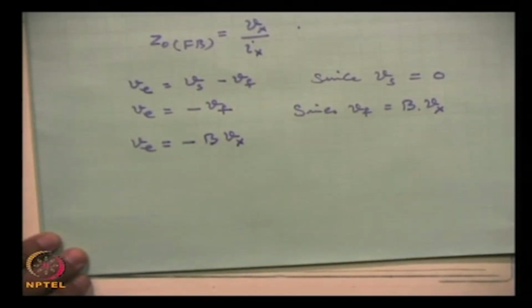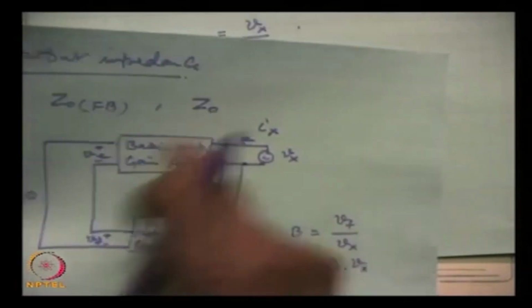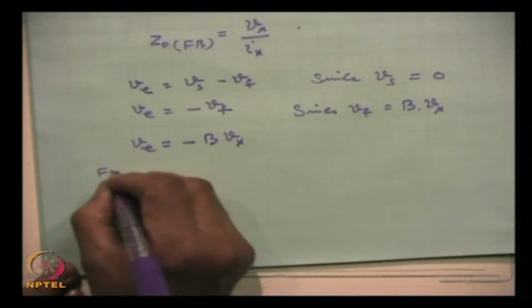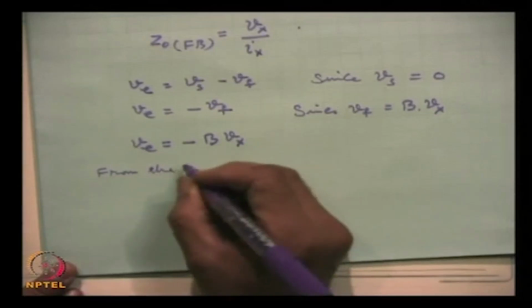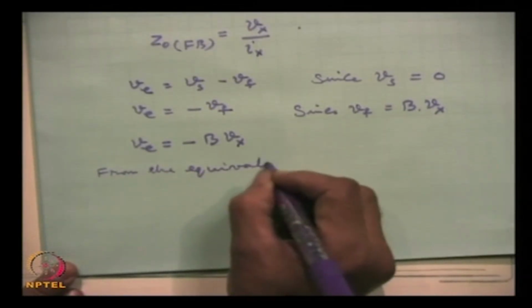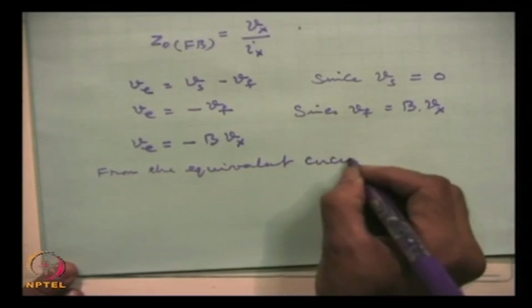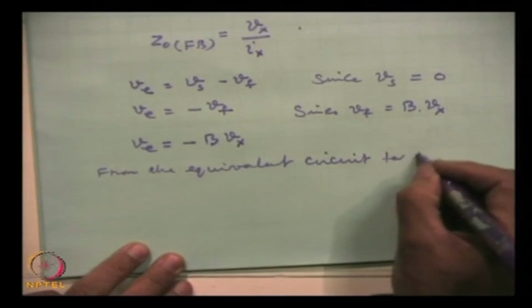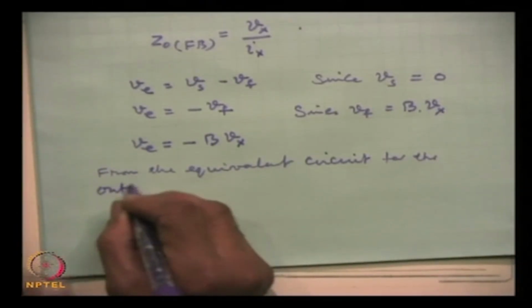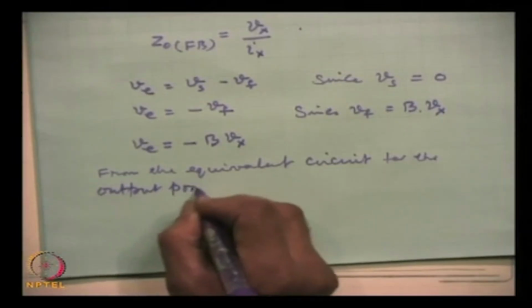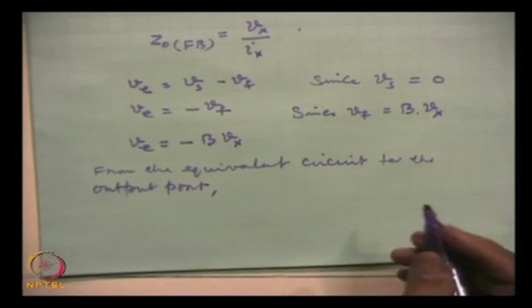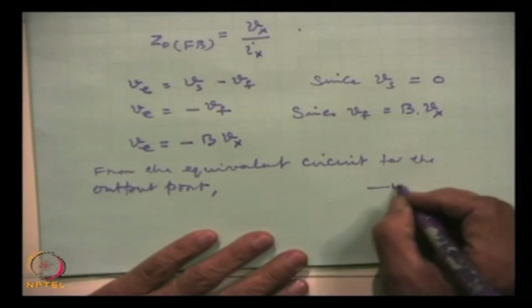We draw an equivalent circuit for the output port. In this, we just take the output port and draw the circuit, and then we arrive at a simple relation.